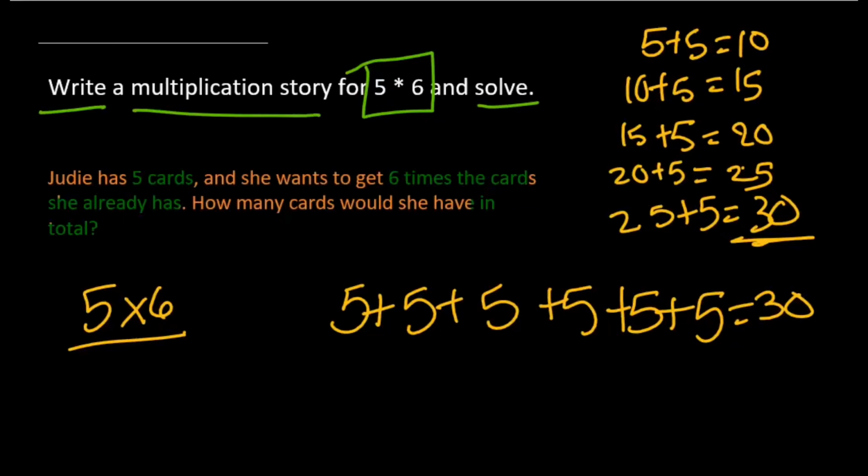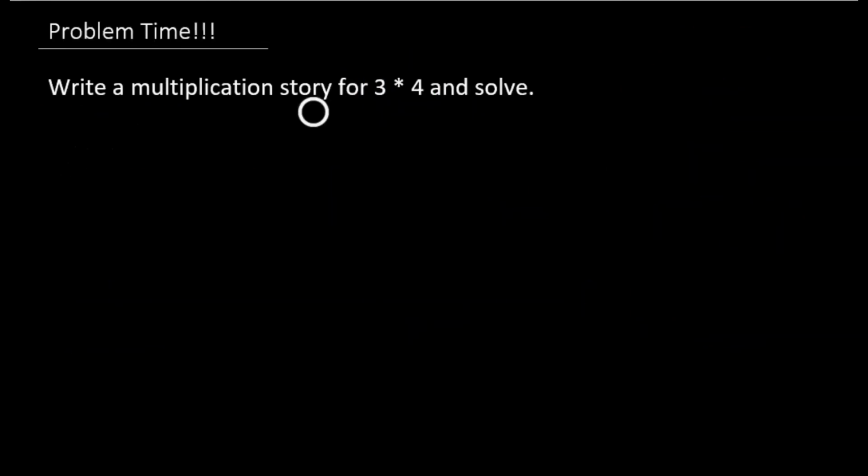But anyway, for this last problem, it's problem time. This basically means you write a multiplication story for 3 times 4 and solve it. I'm not going to go over this with you, but please do this to get some practice.